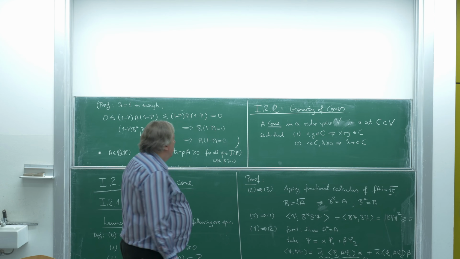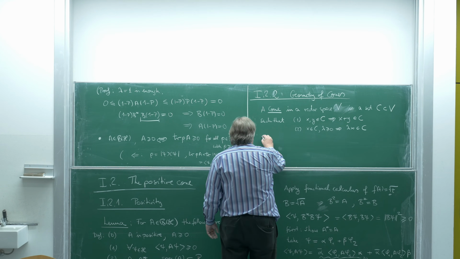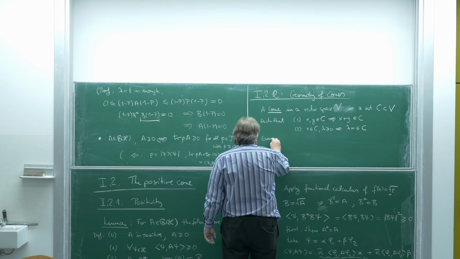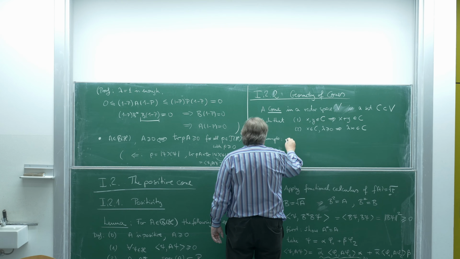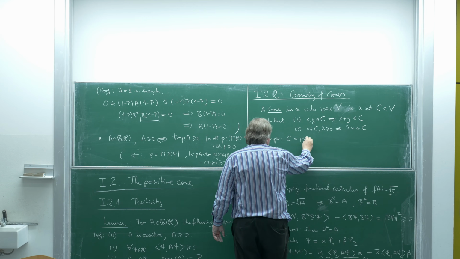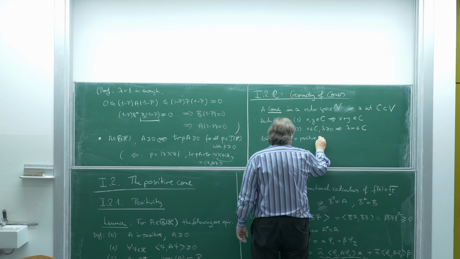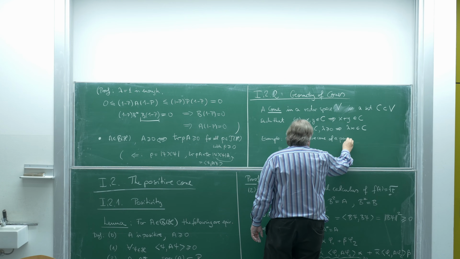Now, often, for example, C is the positive cone of a partial vector ordering.